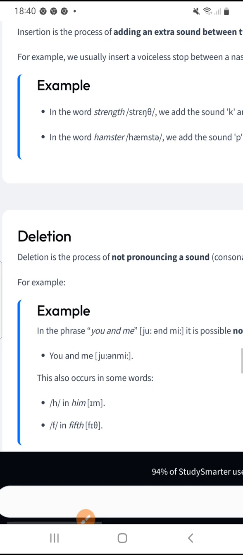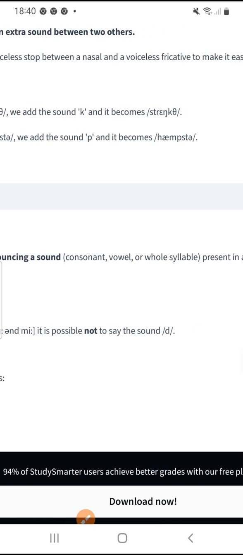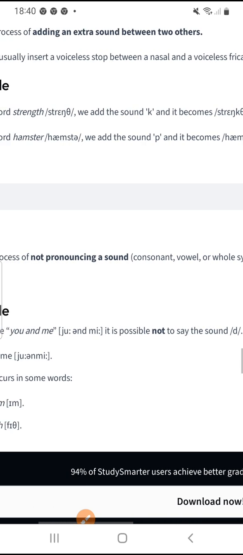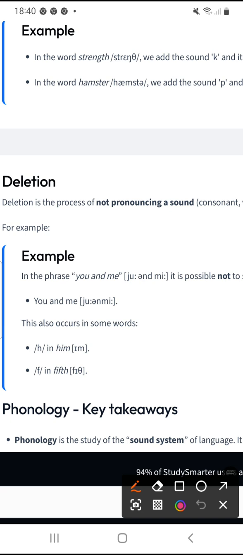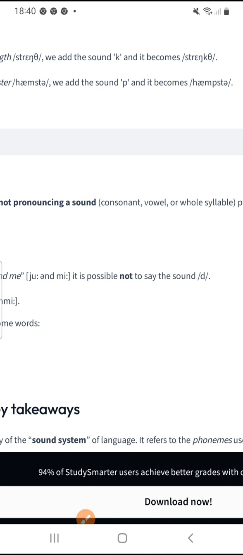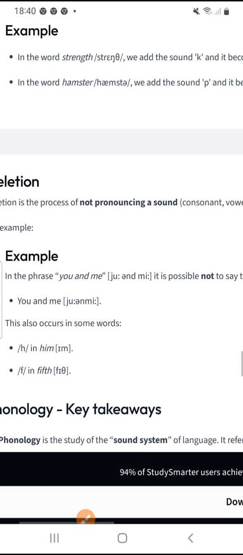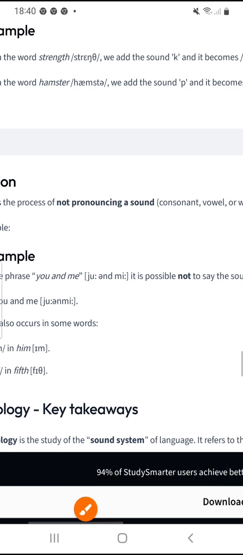For example, we usually insert a voiceless stop between a nasal and a voiceless fricative. We can understand this through examples. In the word strength, we add the sound K and it becomes strength.